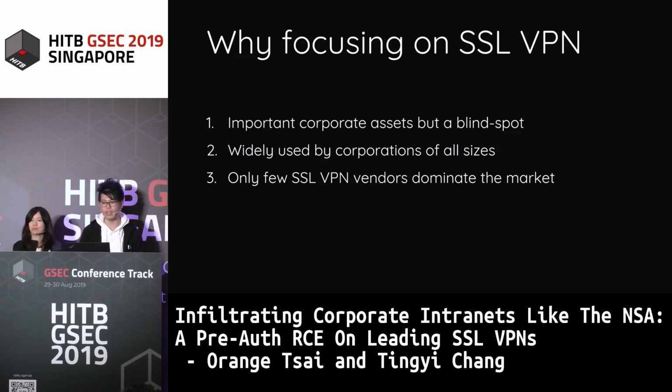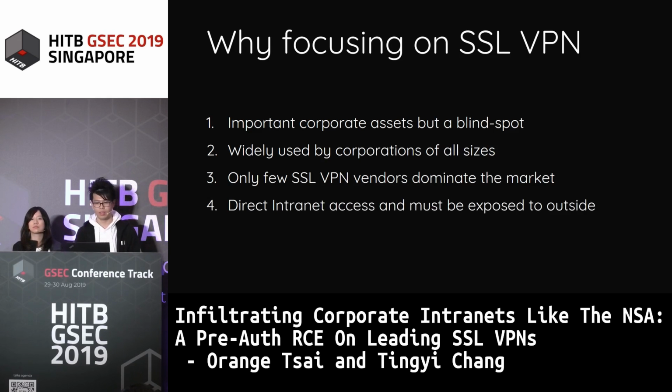So, if you find a high-impact vulnerability in one of the leading SSL VPNs, you can hack the planet. Most importantly, an SSL VPN must be exposed to the outside, so it must have direct intranet access.